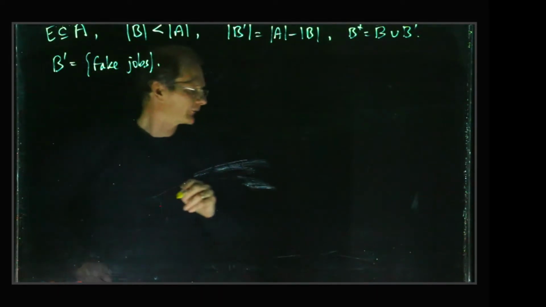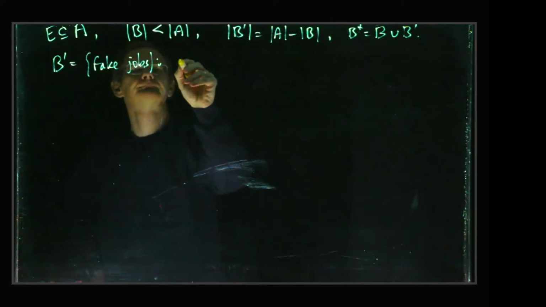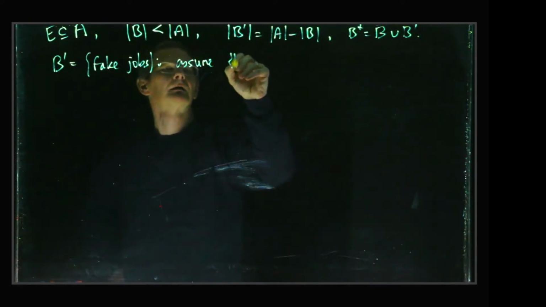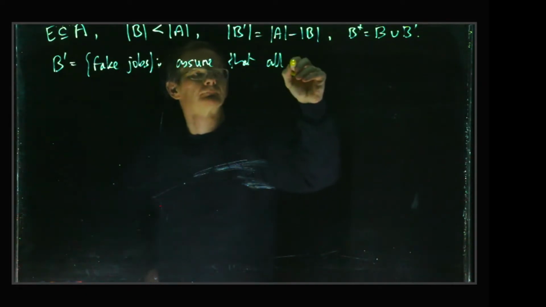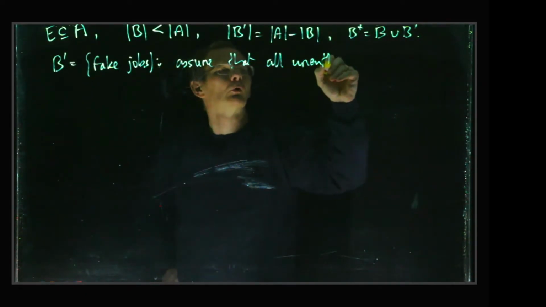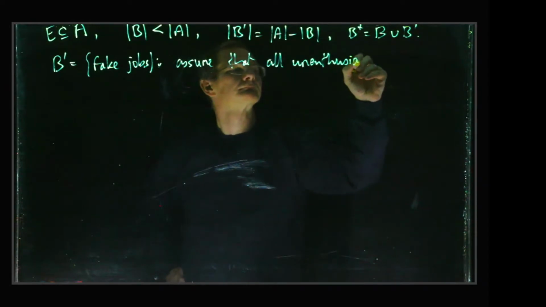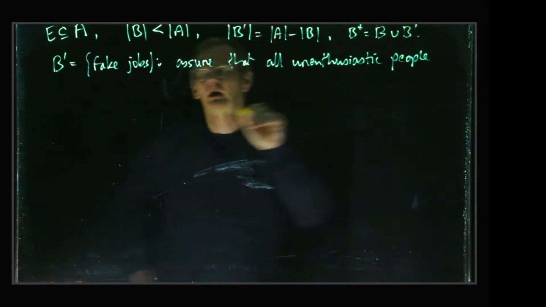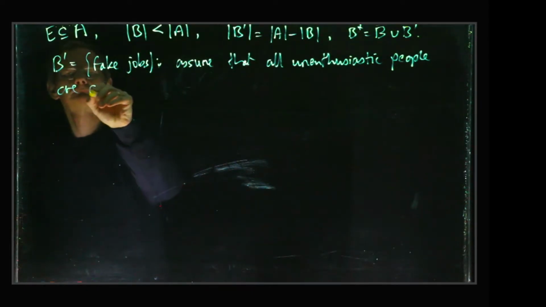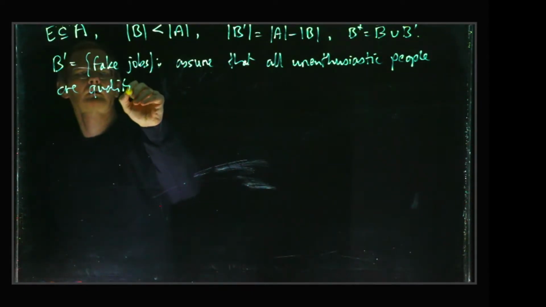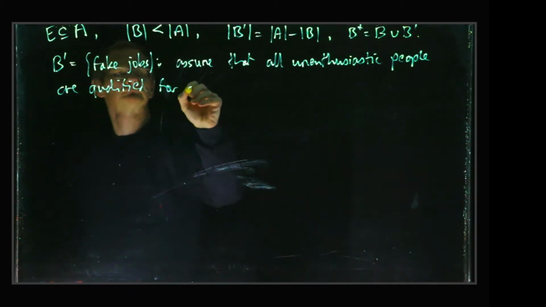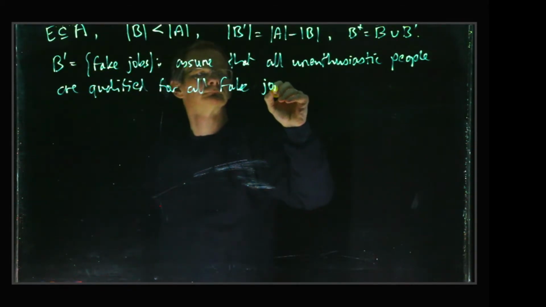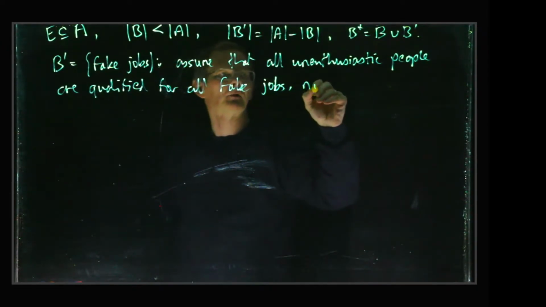And so B star was a set of real and fake jobs, and we're going to assume, or define more or less, that all the unenthusiastic people are qualified for all the fake jobs, and no enthusiasts.